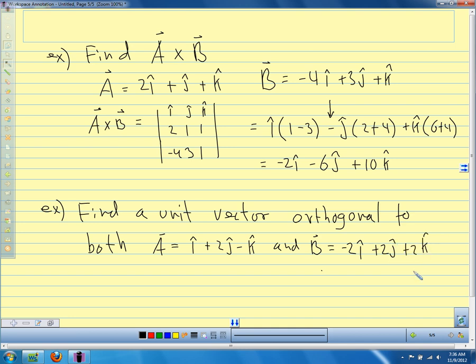So this is basically asking the same question in a different form. It asks for a vector orthogonal to both of these. We know that the cross product is orthogonal to both vectors that form the cross product. So this is just another way of asking to find the cross product.